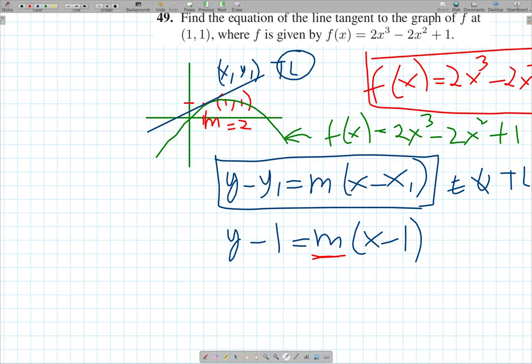Pero hindi ang slope ng curve ang kailangan natin dito sa equation ng tangent line. Ang kailangan natin dito class is the slope of the tangent line. Right? So since dito class sa point of intersection ng tangent line at saka curve, ang slope ng curve is just the same as the slope of the tangent line sa point na to.